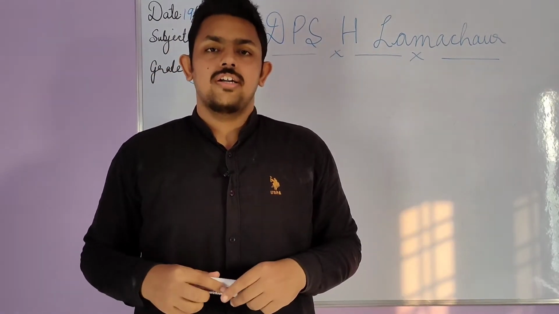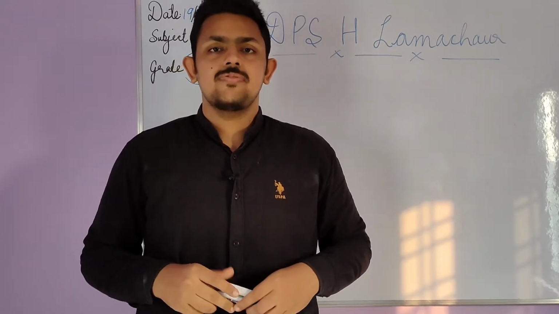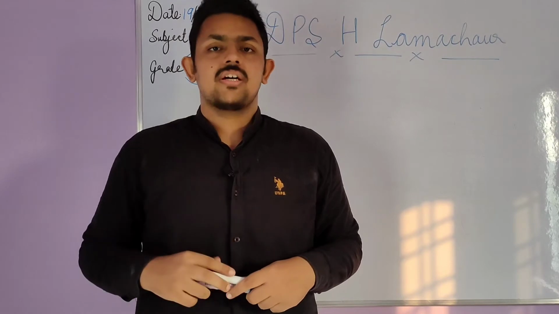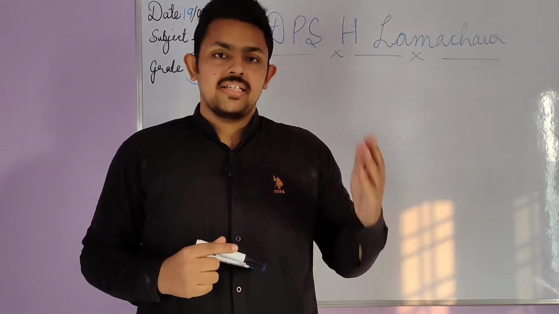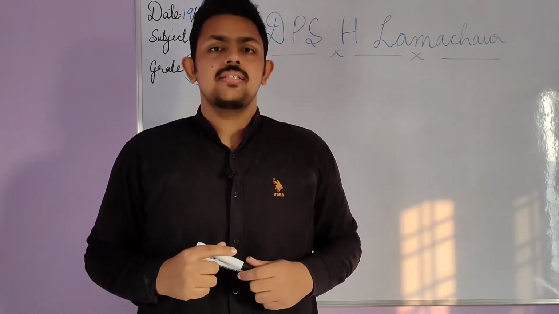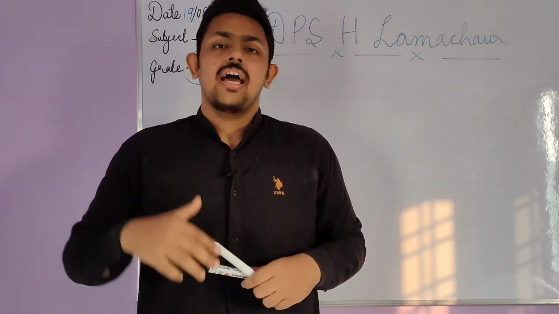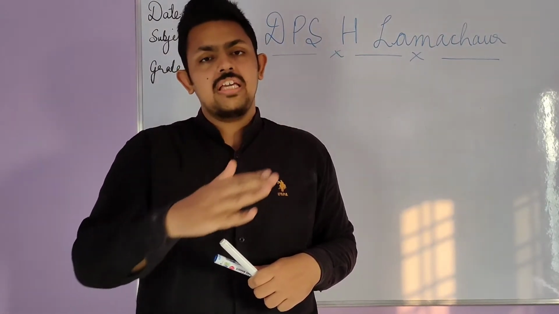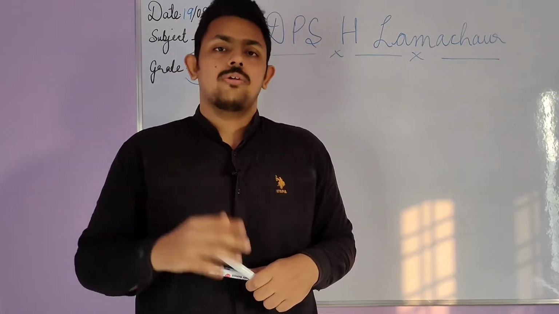So now we will continue the topic tenses. I have already explained that there are 3 major kinds of tenses: the present tense, the past tense, and lastly the future tense. And each of these is further divided into 4 subcategories, so it makes 12.